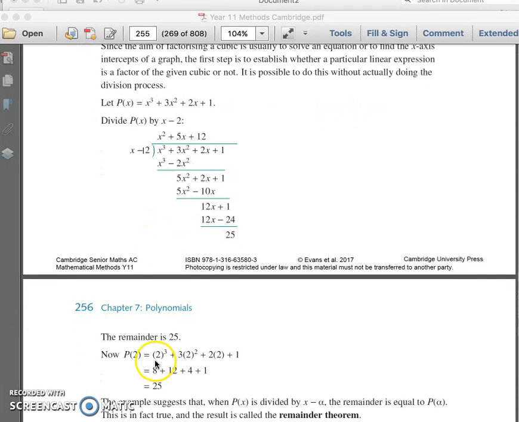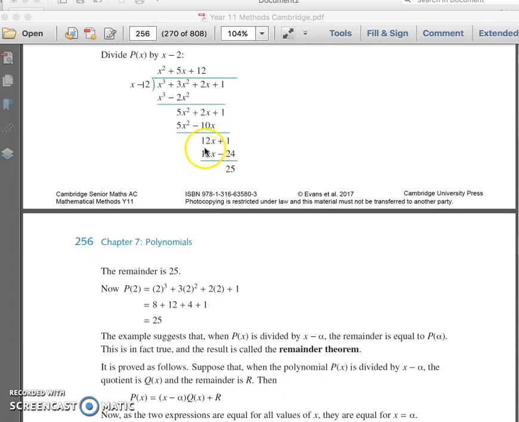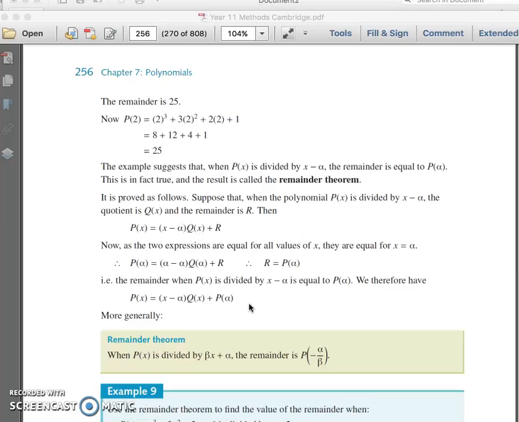And if we substitute that into the cubic, wherever there's an x I'll substitute in 2, I get an answer of 25. So that's pretty cool, because if we substituted something in and got an answer of 0, that would then be a solution of that cubic.